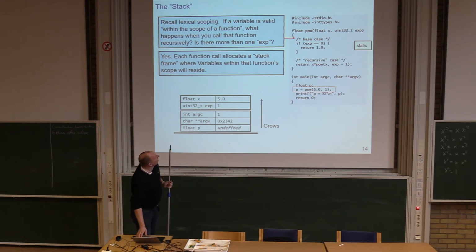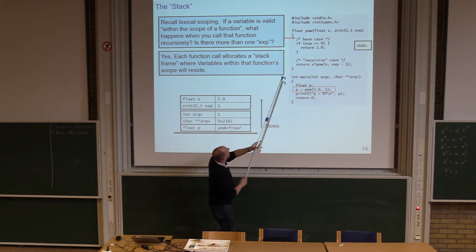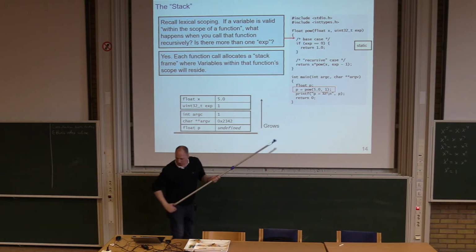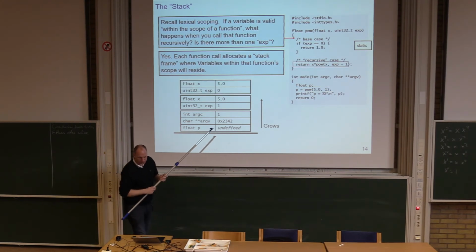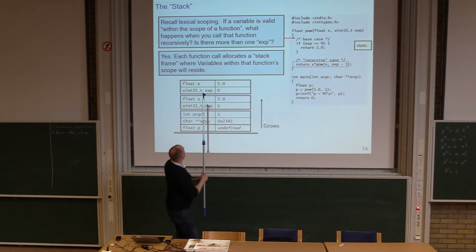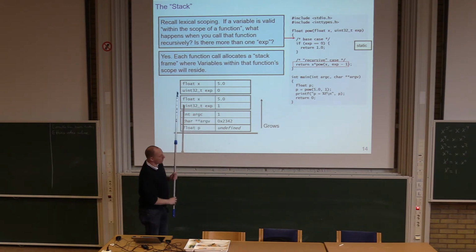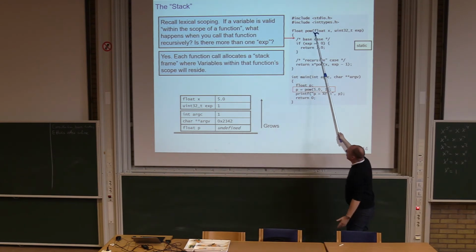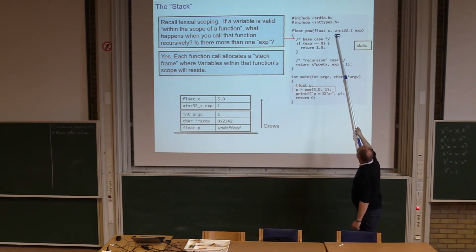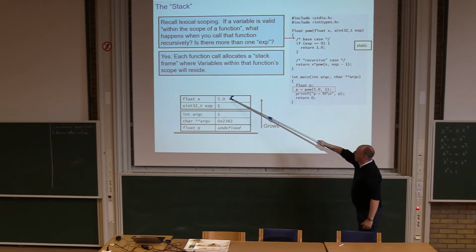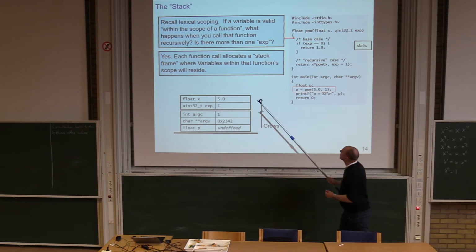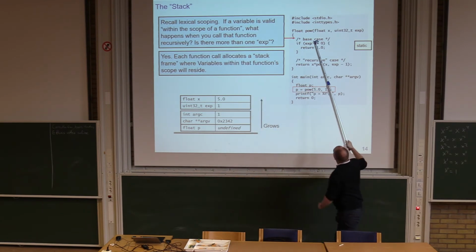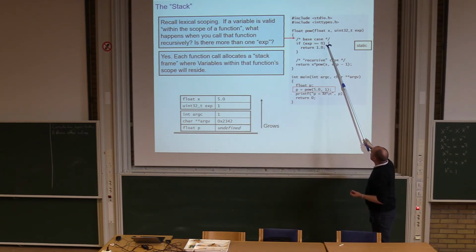So now we will start to execute the code of this function. The first time this function is called, x and exp will be 5 and 1, right? Since exp is equal to 1 and not 0, this will be false.